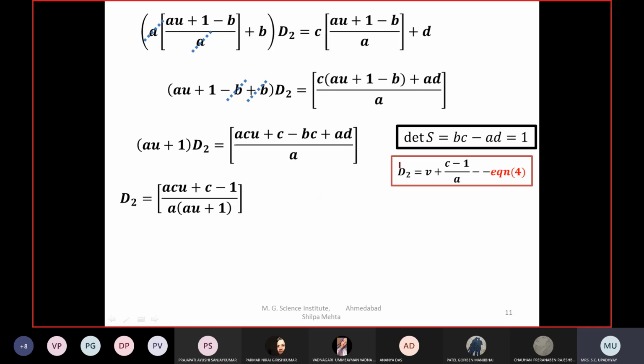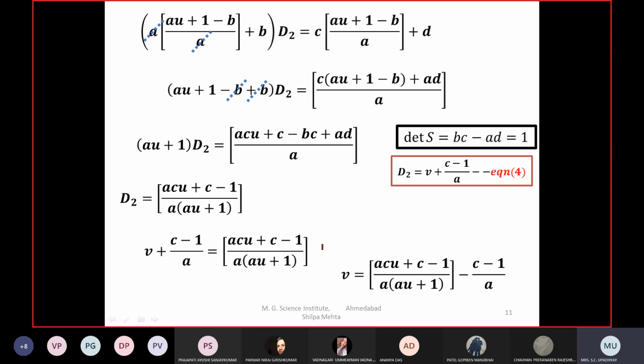Now we already know the value of d2 from equation 4, so we substitute it here. d2 equal to v plus (c minus 1) upon a is equal to (acu plus c minus 1) divided by a in the bracket, au plus 1. The (c minus 1) upon a comes to the right-hand side, so it becomes negative. Our equation is now v equal to the first bracket, then minus (c minus 1) upon a.